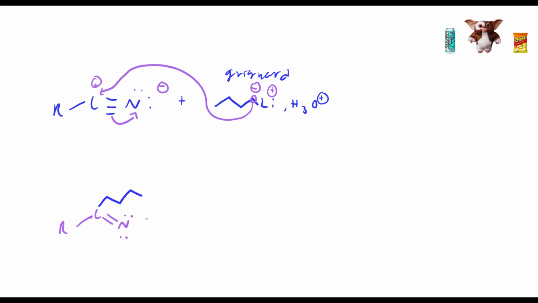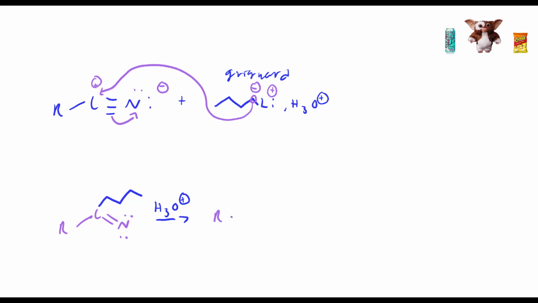Now, that's pretty simple, but what do we do about this substrate? Well, that's where the acid comes in. By another process, an acid could come in, and it's going to do some weird stuff, which is really complicated. But overall, what you should be expecting is a ketone.